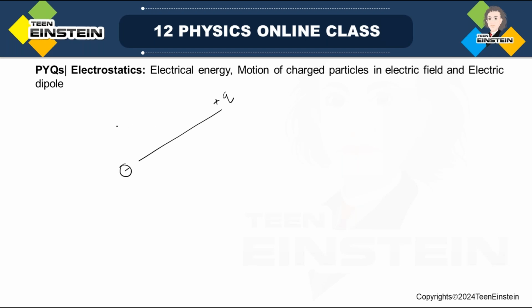Now you are in a uniform electric field where the electric field is making an angle theta for the dipole. Okay, this is the dipole. This is the positive charge over here. Okay, sorry, positive charge here, negative charge there.